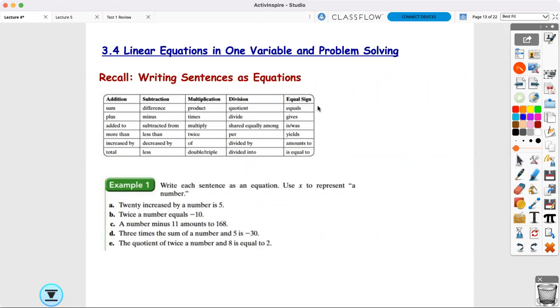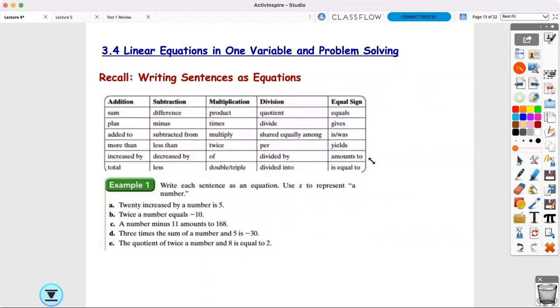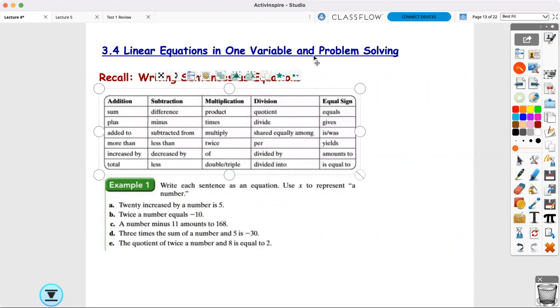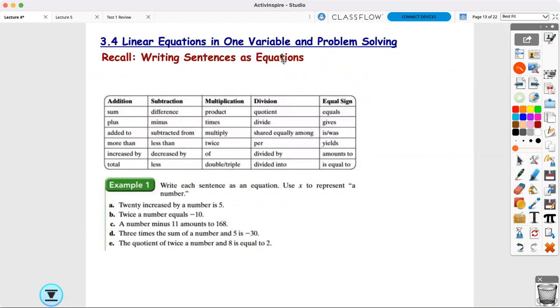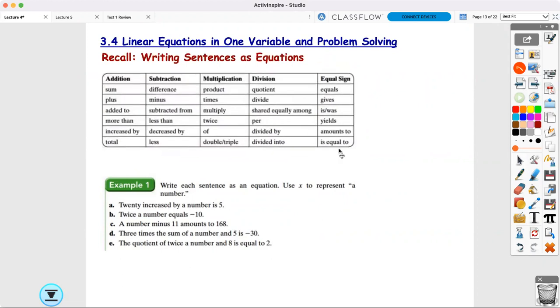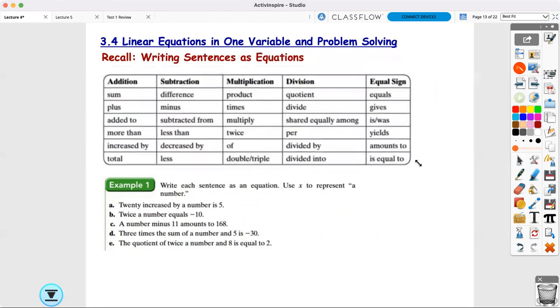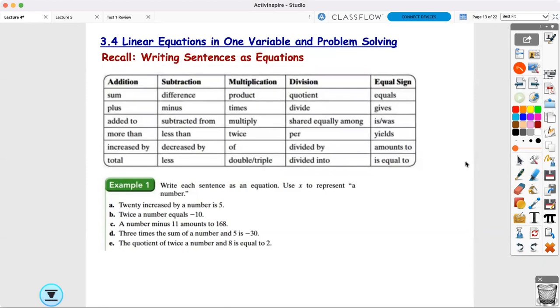Now this is the same chart I had you write at the beginning of the semester when we were learning how to write words into expressions. Since this is a new section, I'm going to give everyone a 5-minute break. Starting now. I'll see you in 5 minutes.